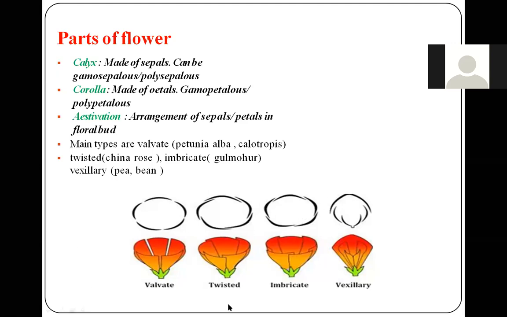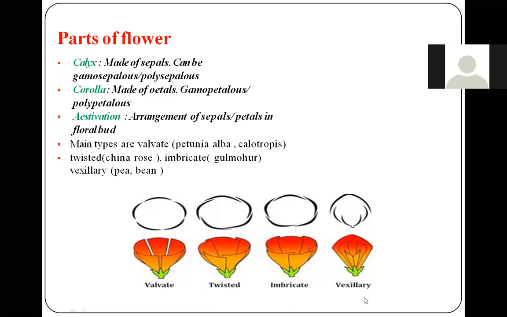In twisted, it occurs in only a single direction, but in the imbricate it can be overlapped in all the different directions, and it is not necessary that it occurs in the same direction. For this reason the third type is said to be the imbricate type of estivation.